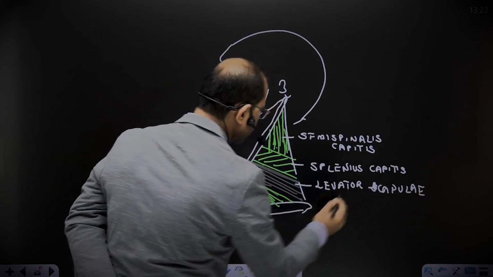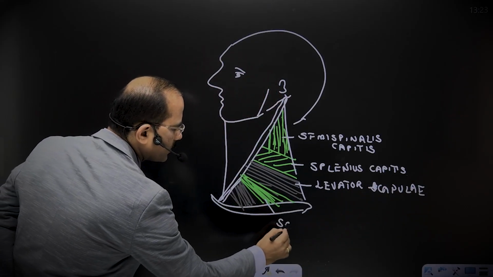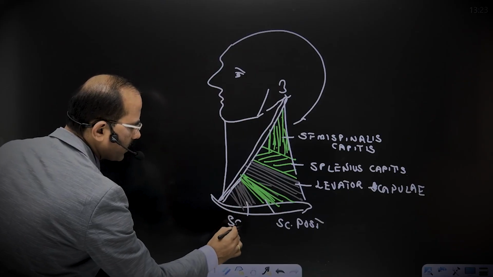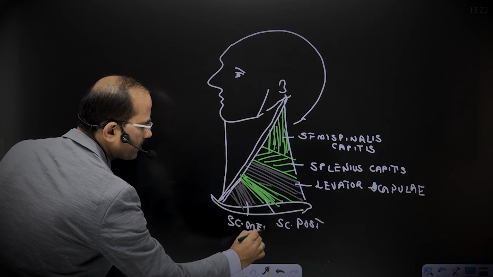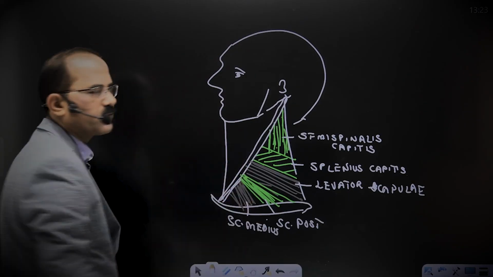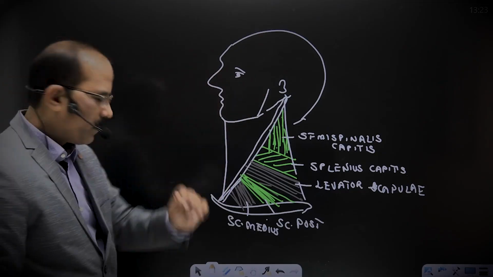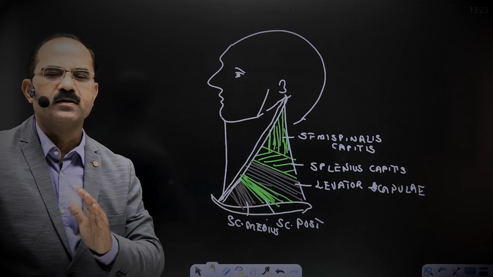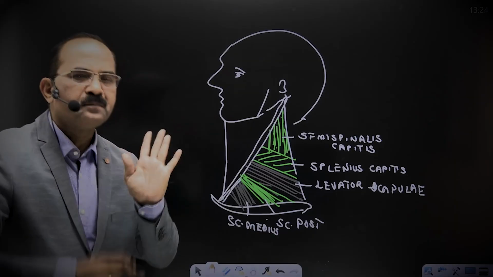The fourth is scalenus posterior. This is the scalenus medius. So semispinalis capitis, splenius capitis, levator scapulae, scalenus posterior, scalenus medius. Scalenus anterior is not there.